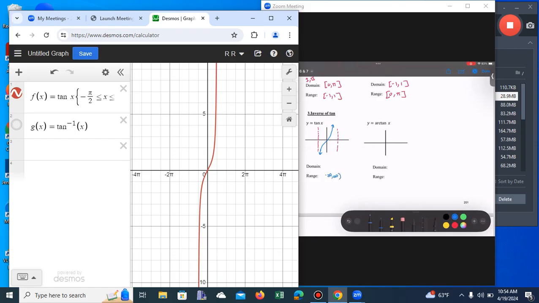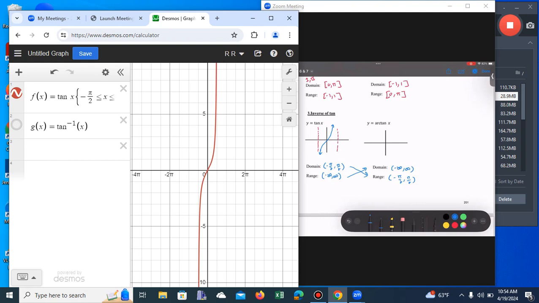And then the domain is between your asymptotes, -pi over 2 to pi over 2. So these have to switch. Range is -pi over 2 to pi over 2. Domain is -infinity to infinity.